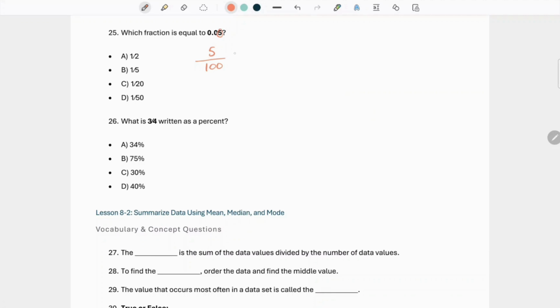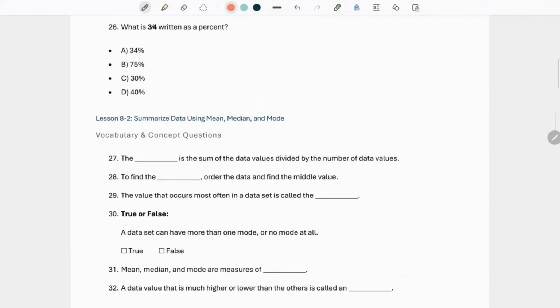And if we say 5 hundredths, we've got a fraction, but we can still simplify that by dividing both of them by a common factor, which is 5. So we end up with 1/20th. So 1 over 20.